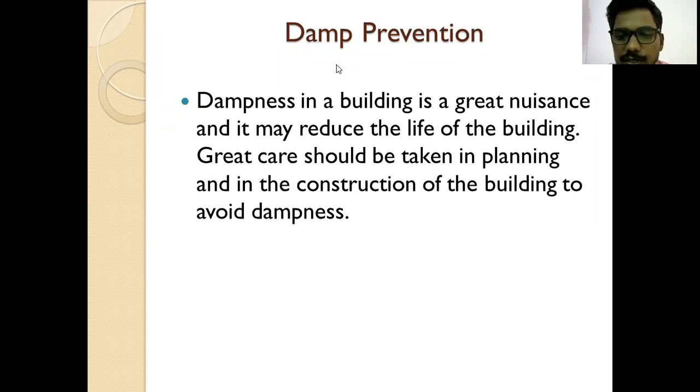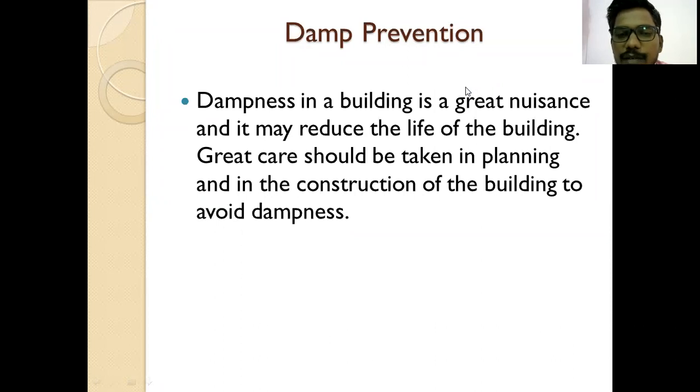To avoid the entry of moisture from substructure to the superstructure and vice versa, we have to place one DPC layer, damp proof course layer, in between superstructure and substructure. So we will be able to avoid the dampness.